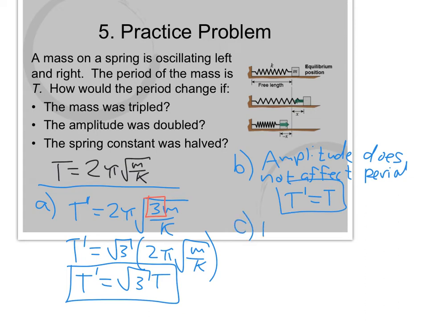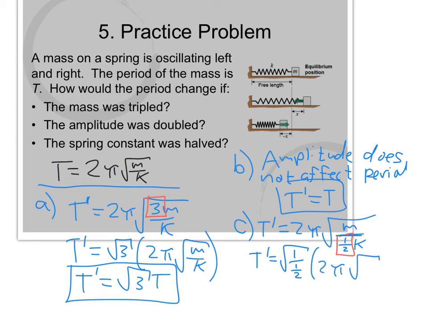Lastly, if the spring constant were halved, that one will have an impact. So I'm going to say 2 pi times the square root of m over 1/2 k. Once again, I'm going to remove that 1/2, pull it out in front, and get T prime equals the square root of, and this is going to be a little weird, so it's a fraction, but it was on the bottom of this fraction, so it's really the square root of 1 over 1/2 times 2 pi times the square root of m over k.